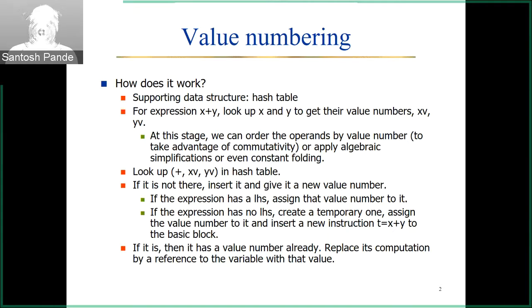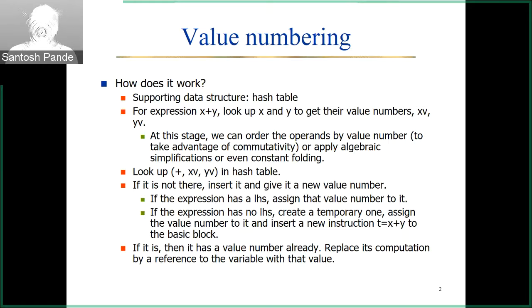Again, it's very simple. Whenever a name is encountered, we'll first find out if there's a value number with it. If it's not there, we'll assign it a value number. First step. Second, whenever we have a value number associated and we have a sub-expression, we'll take those value numbers of its components, we'll generate a value tree, we'll hash it, and we'll find out its value number.